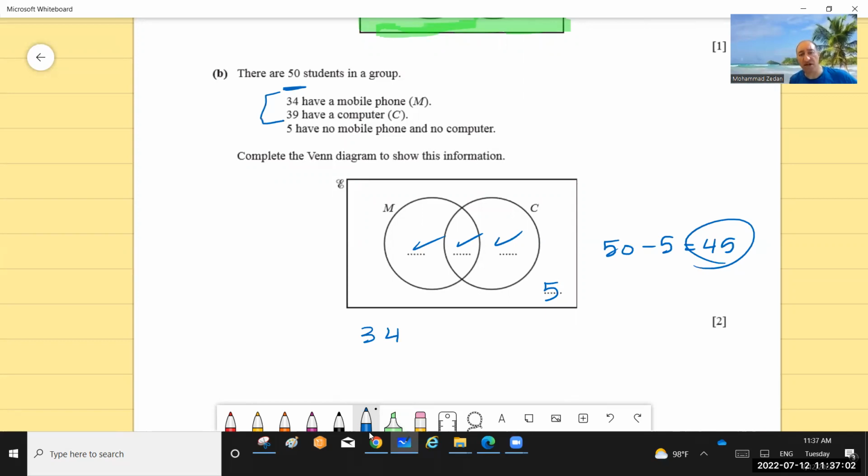34 plus 39 is 73. Look, 73 is more than the actual number 45.